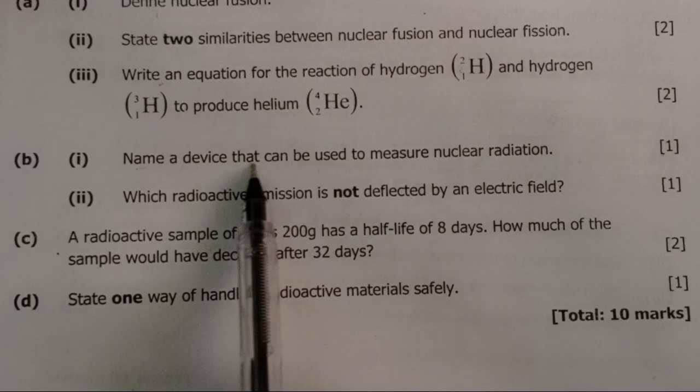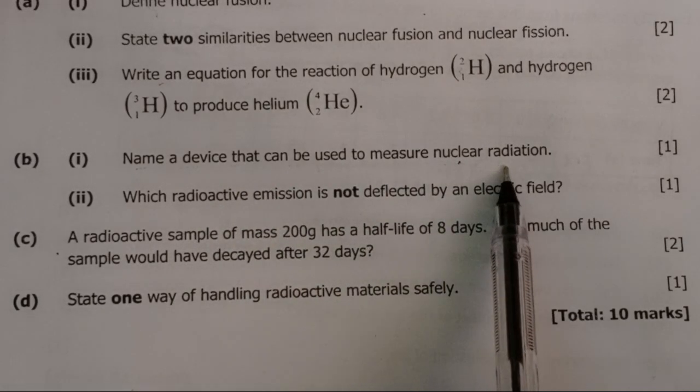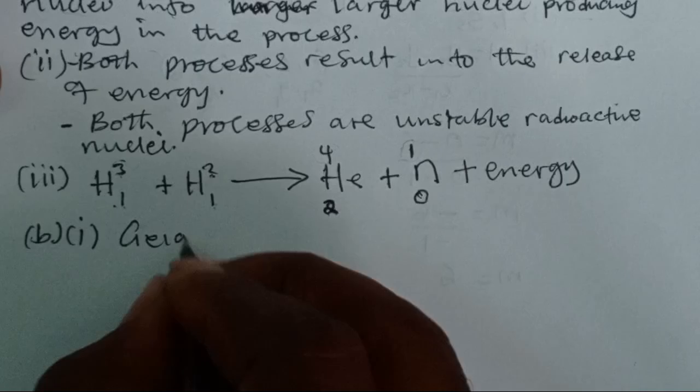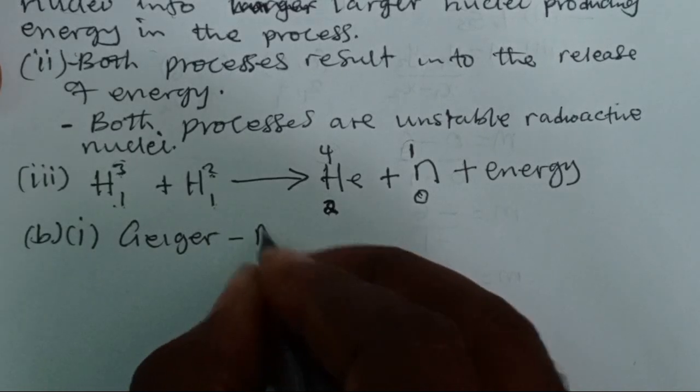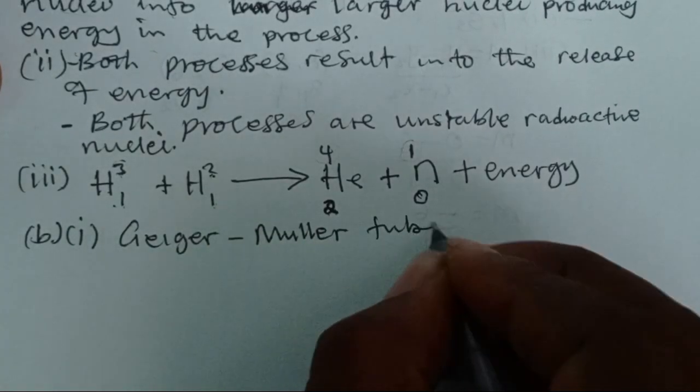Name a device that can be used to measure nuclear radiation. Number 1, we have Geiger-Muller tube.